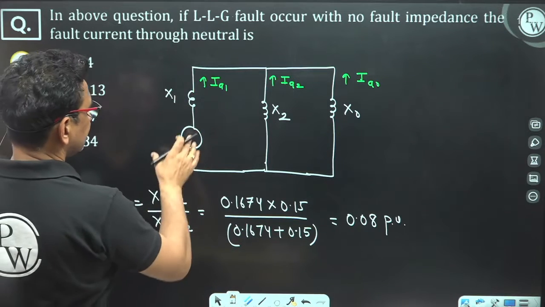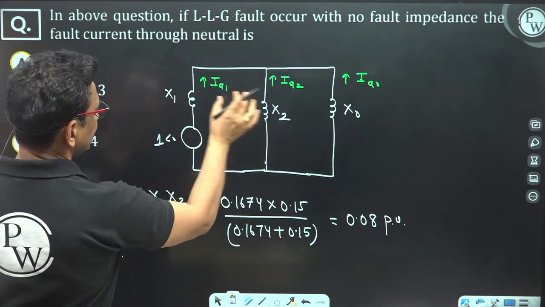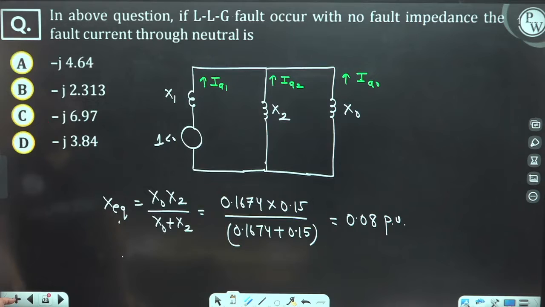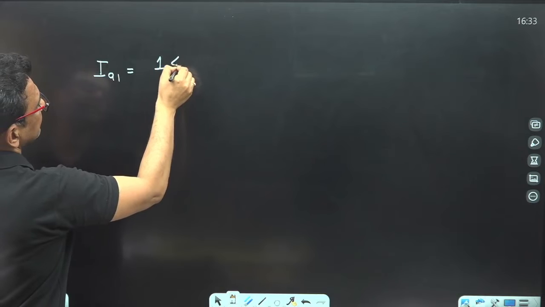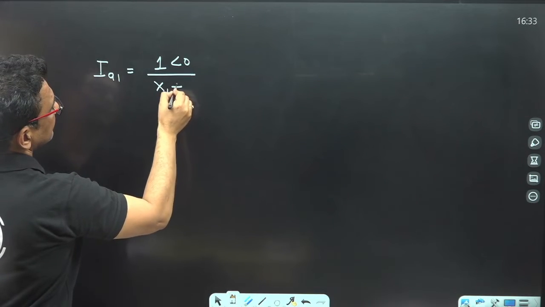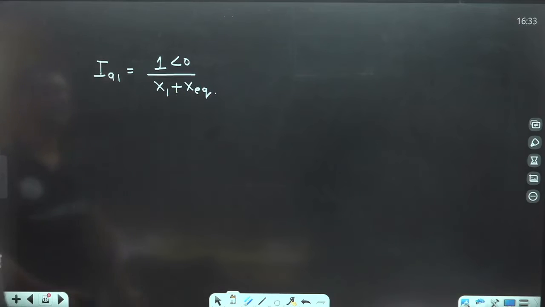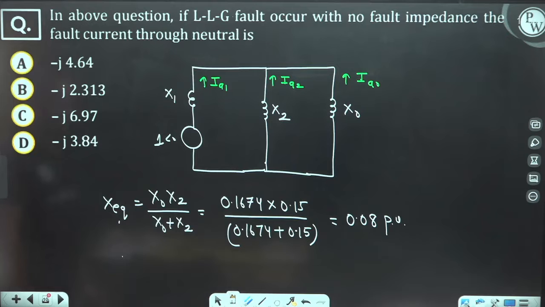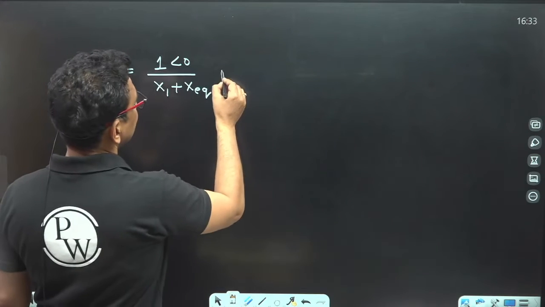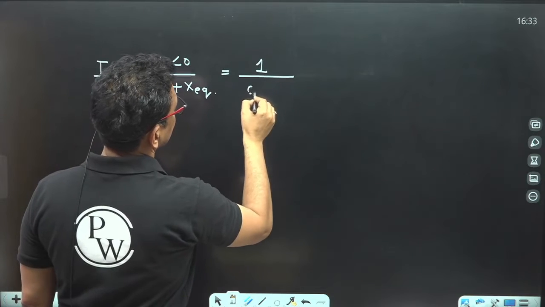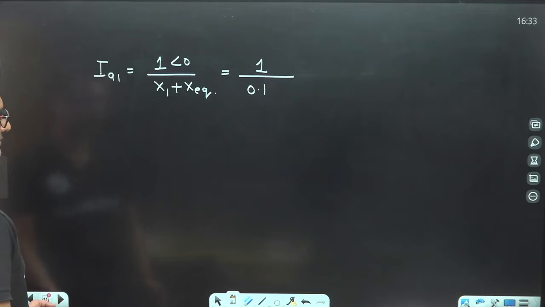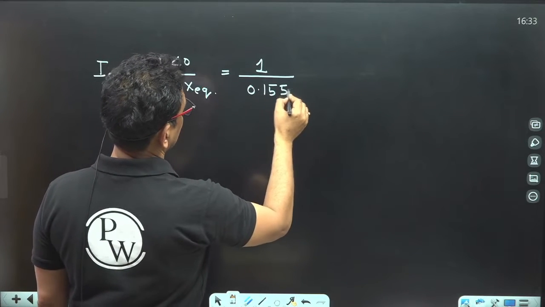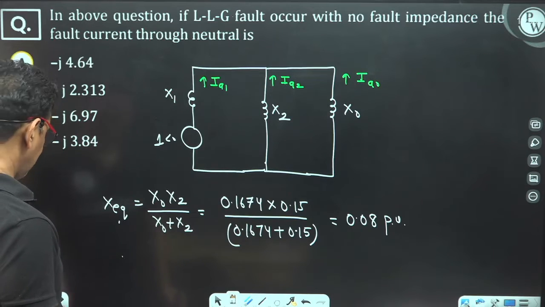So IA1 is 1 angle 0 degree divided by X1 plus X equivalent. X1 is 0.155, plus X equivalent, which is 0.08.